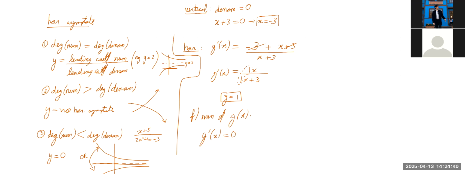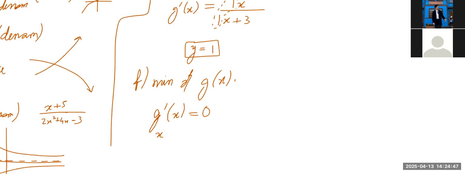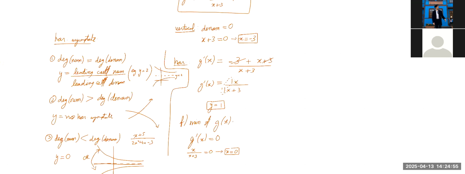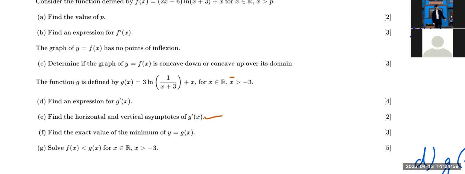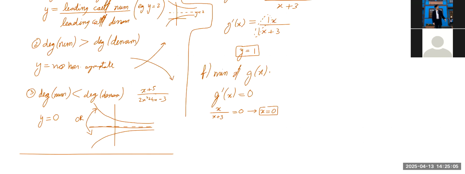So the derivative is x over x plus 3, which means that the derivative hits 0 when x is 0. However, there's a problem. If you go back, you will remember, okay, never mind, it's not a problem. It says that x has to be more than negative 3, and 0 is more than negative 3, so it works. So the minimum happens here.